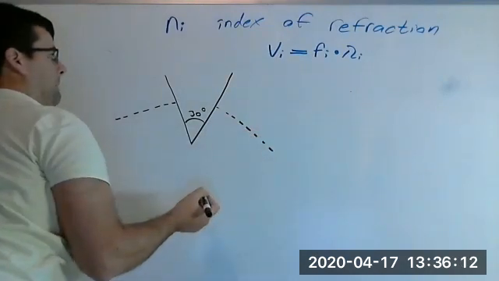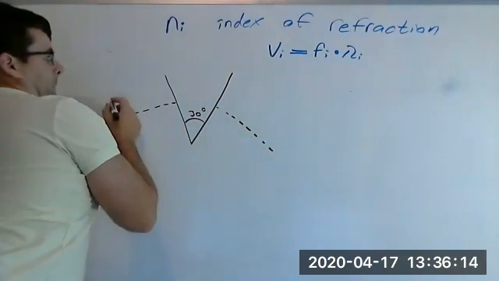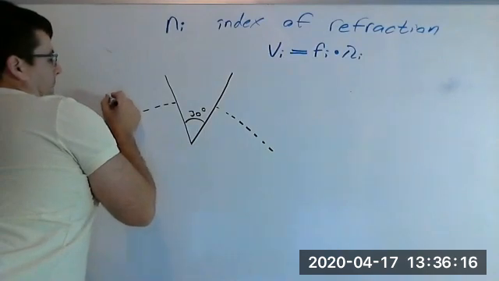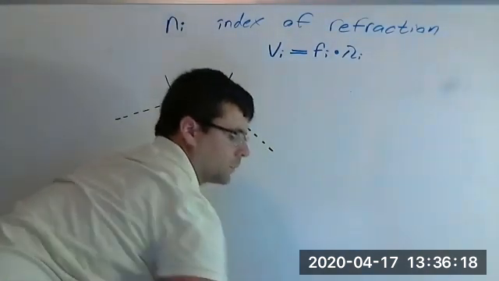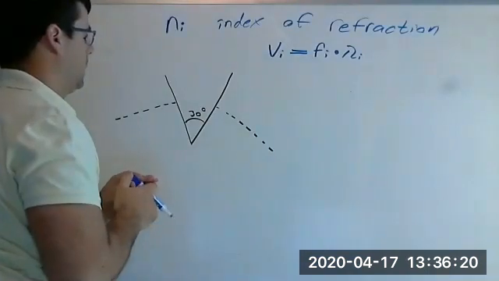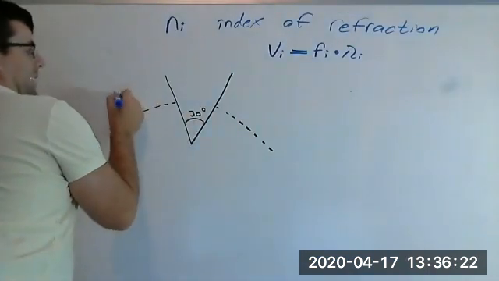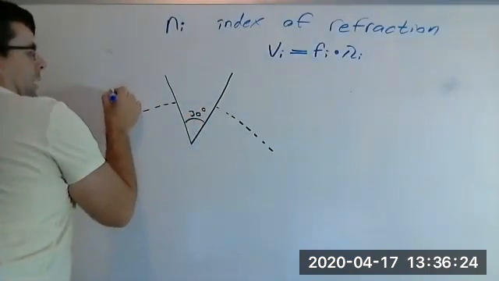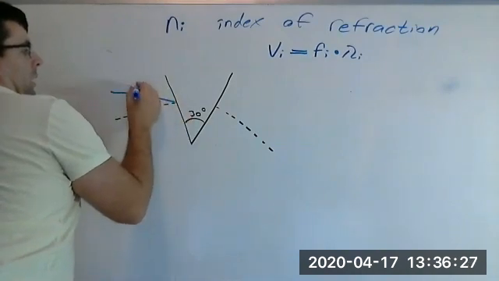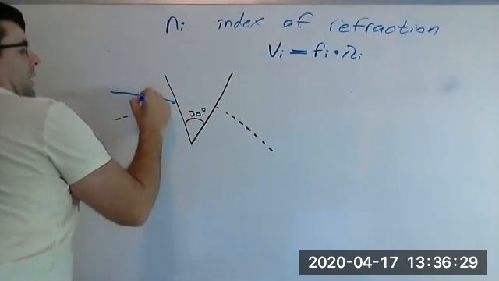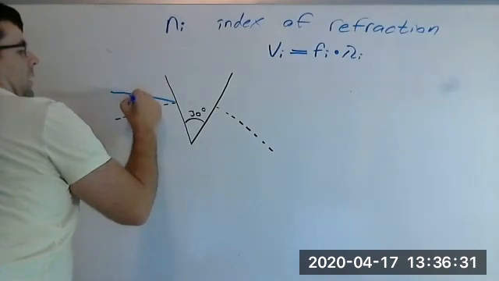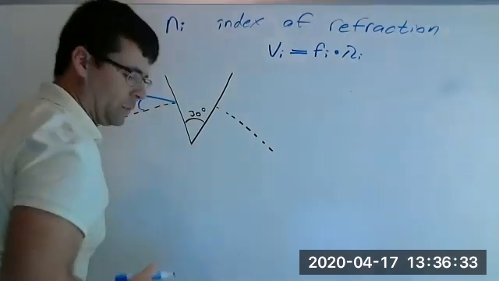All right. Light comes in at, we'll say 45 degrees again, angle.